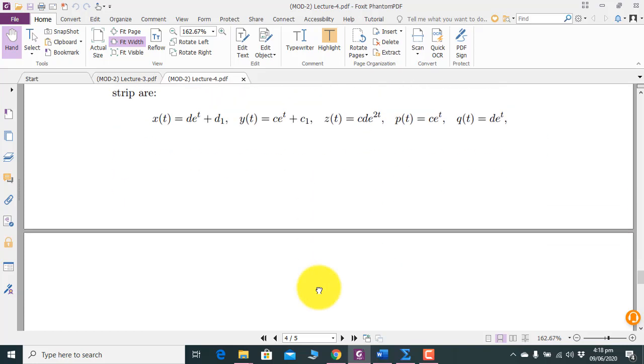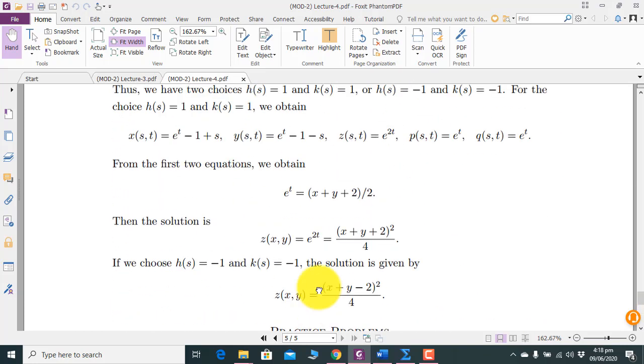Maybe I have made a mistake. This part is done by eliminating x and y. So you have to eliminate x and y. This I can discuss with you in the video lecture. But after eliminating x and y, you see that z is indeed equal to this in terms of x, y.